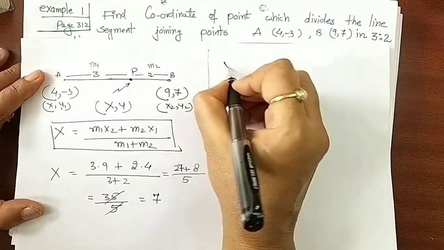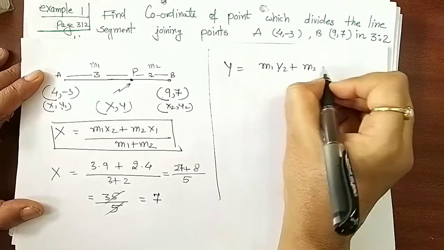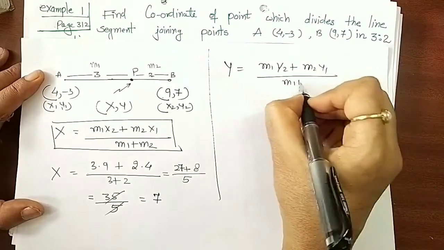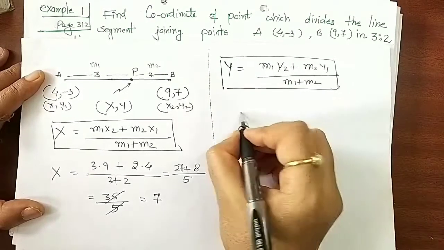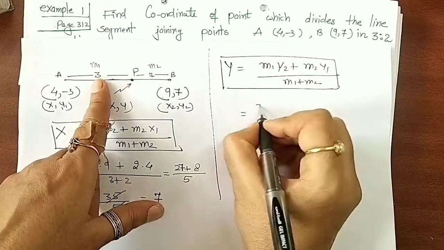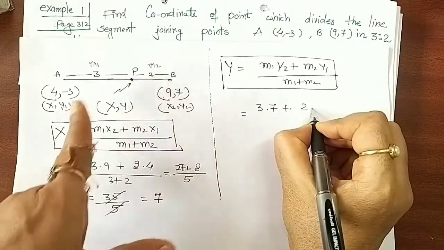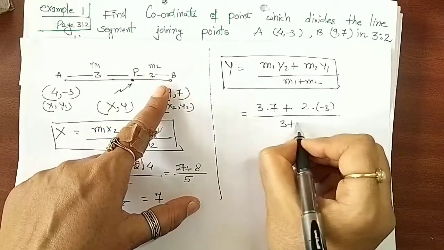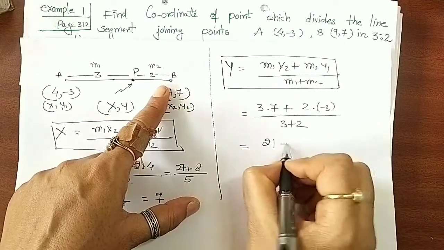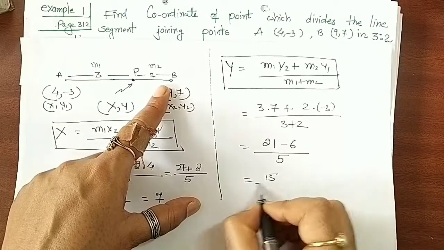Let me calculate for y. So y is (m1 y2 plus m2 y1) by (m1 plus m2). This is the formula. So let me fit the values: 3 into 7 plus 2 into -3... 3 twos are 6, so 15 by 5.